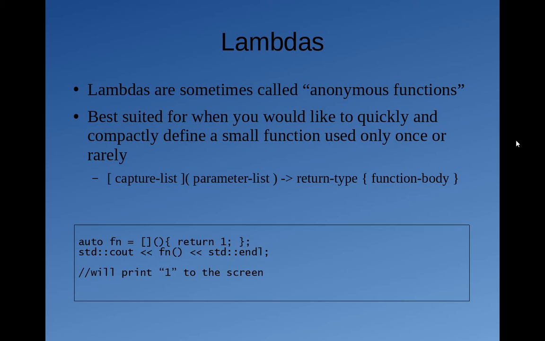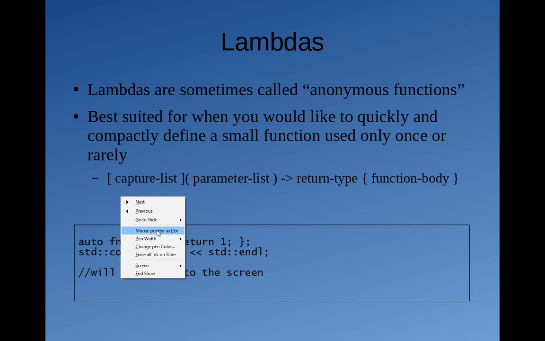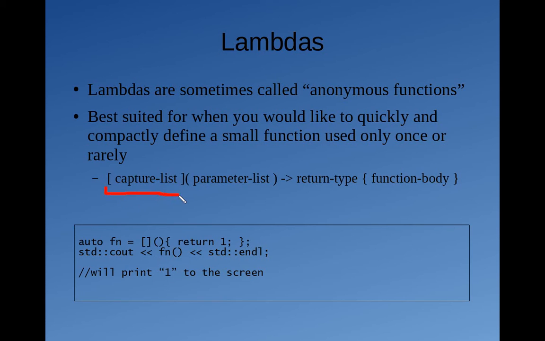Okay, so the syntax for a lambda is you have your capture list. With your capture list, you define a list of variables that you'd like to capture. Those are variables from local scope, or surrounding scope basically, that you can then use in your function body. After the capture list, you have your parameter list, which is pretty self-explanatory.